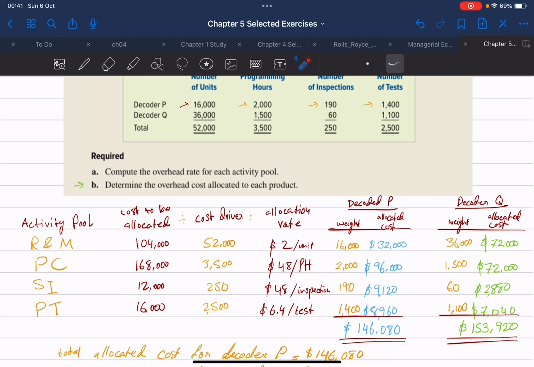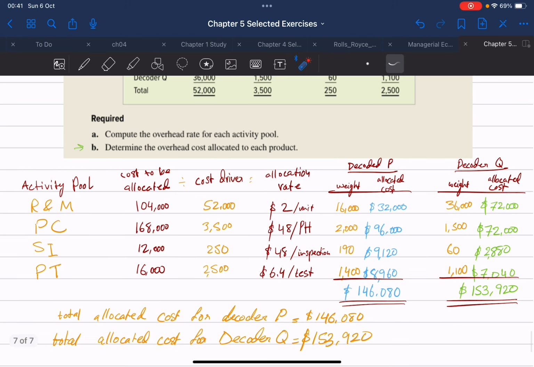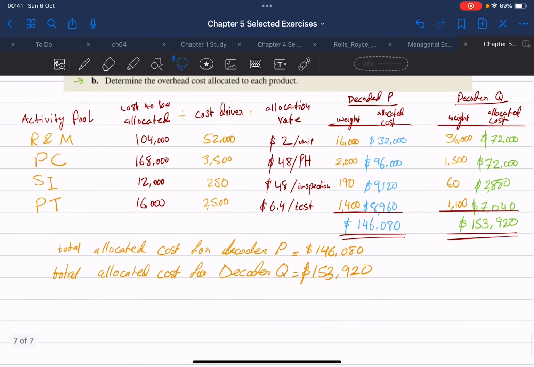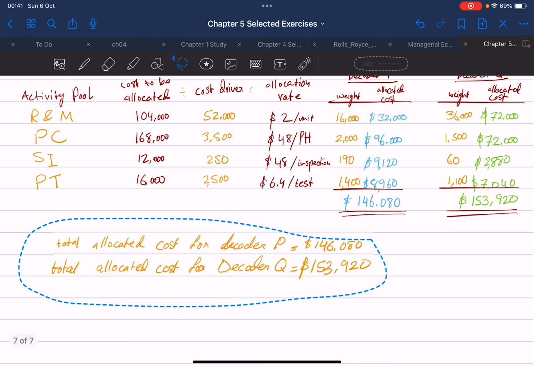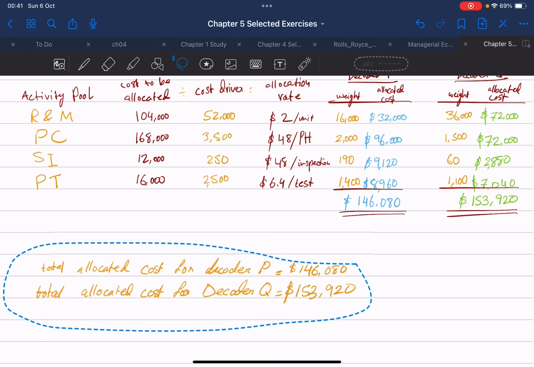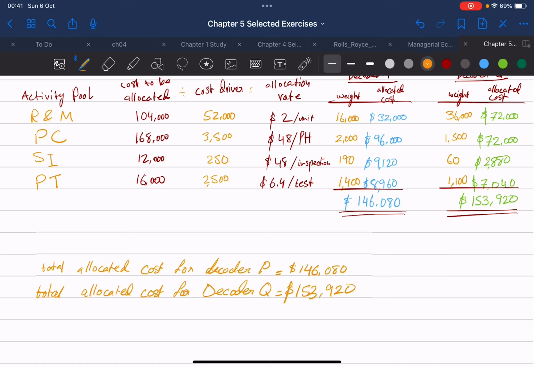In case the question asks you, that would be $9.13 per decoder, or per unit.